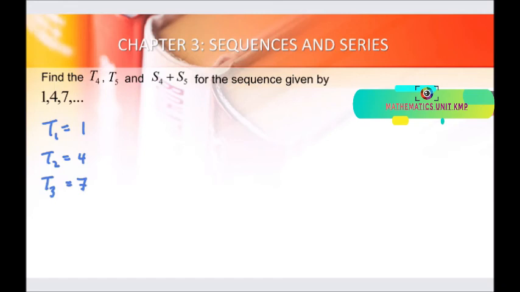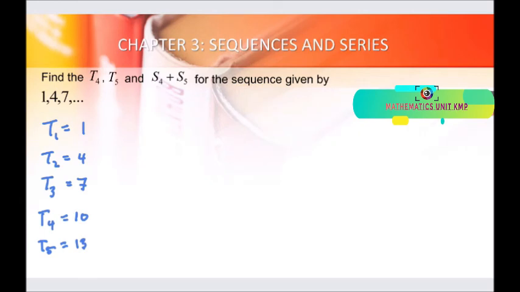If you look at the common difference between the first term and the second term, it is 3. 1 plus 3 equal to 4, and 3 plus 4 equal to 7. So we know already the pattern, and we can get the fourth term here. 7 plus 3 equal to 10, and the fifth term 10 plus 3 equal to 13.